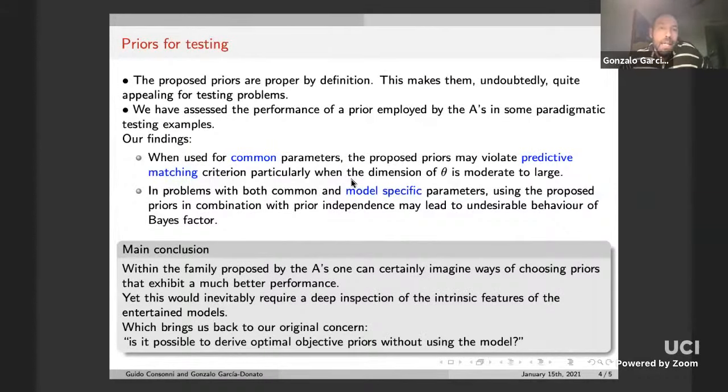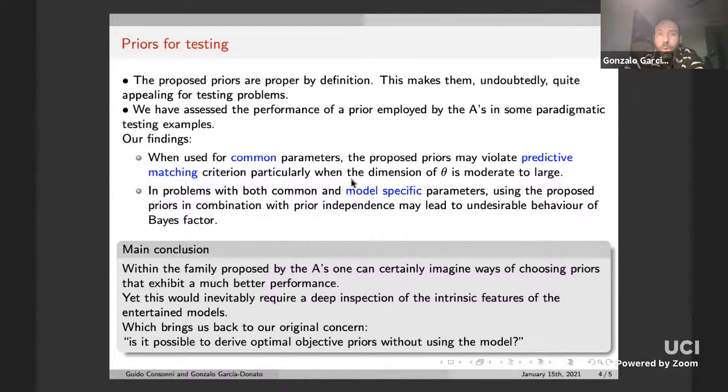And then, as Dimitris was saying, my favorite area of research is priors for testing, and I have to say that this proposal is very appealing, because the priors they are proposing are almost by definition proper. These are very appealing for testing because we know we have to use proper priors.